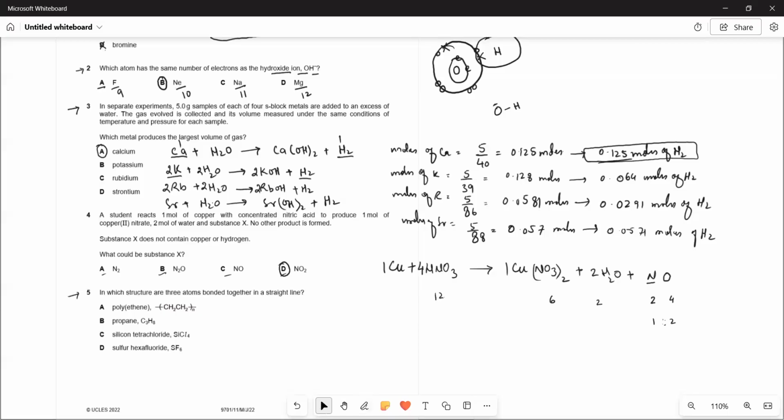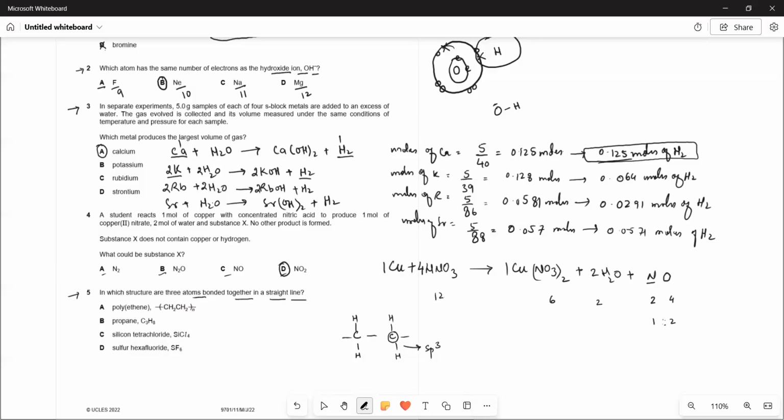Okay, now another question. Let's see this one. They are asking in which structures 3 atoms are bonded together in a straight line. So let's see first of all polyethylene. So CH2, right? And CH2. Can you tell me the type of hybridization of this carbon? It is making 4 single bonds. So hybridization is sp3.